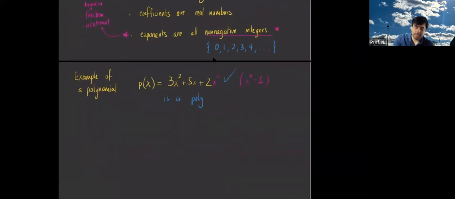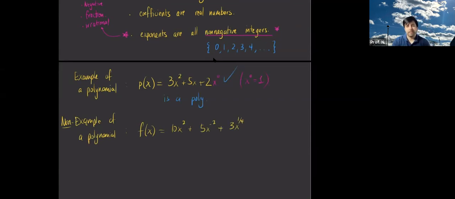Now, what's an example of something that's not a polynomial? Sometimes it helps to understand what something is by understanding what it isn't. So this is a non-example of a polynomial. My function looks like this: 10x squared plus 5x to the negative 2 plus 3x to the 1/4 plus, that's good enough.